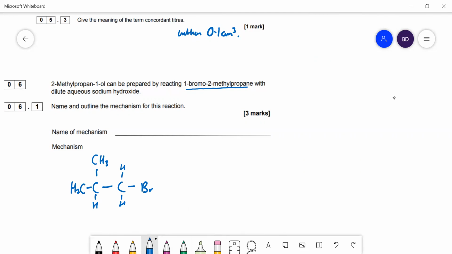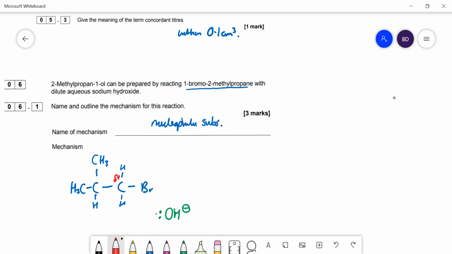Okay, now the mechanism for this is going to be, of course, nucleophilic substitution. The nucleophile is the hydroxide ion. The sodium, of course, is just a spectator ion, doesn't do anything, so that definitely doesn't appear in the mechanism. Right, we have a partial positive charge on that carbon due to the electronegative bromine.